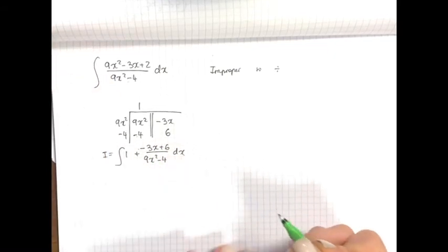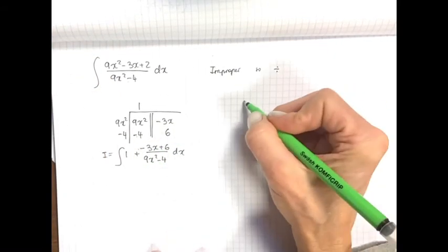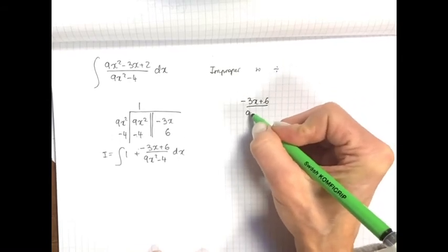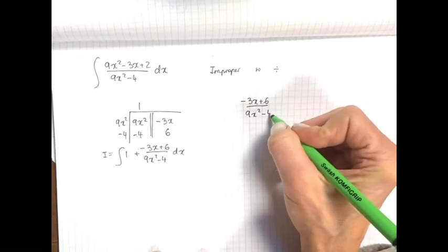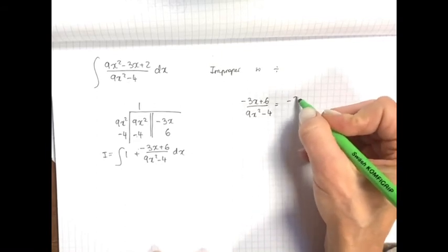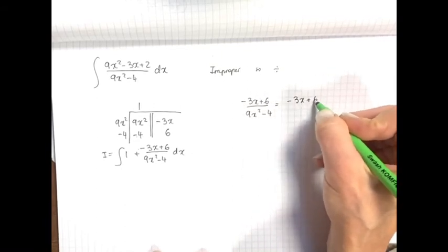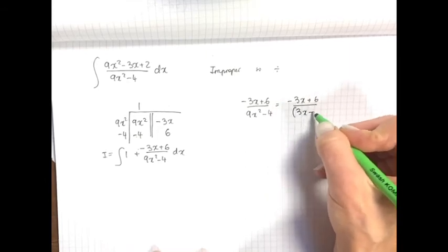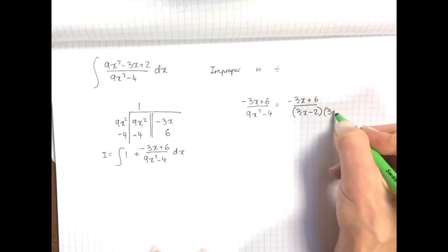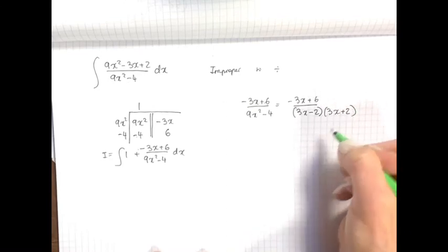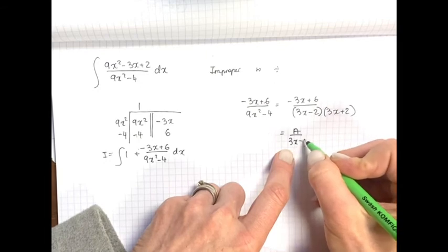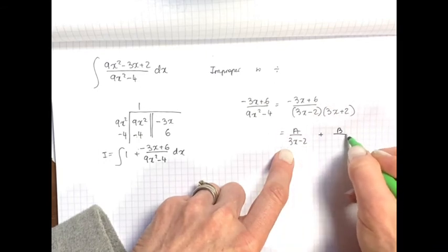So over here we need to work on this, minus 3x plus 6. You could take the minus out, but I haven't, so I'll work with this one. So this is minus 3x plus 6 over 3x minus 2 times 3x plus 2. So this is going to be a over 3x minus 2 plus b over 3x plus 2.